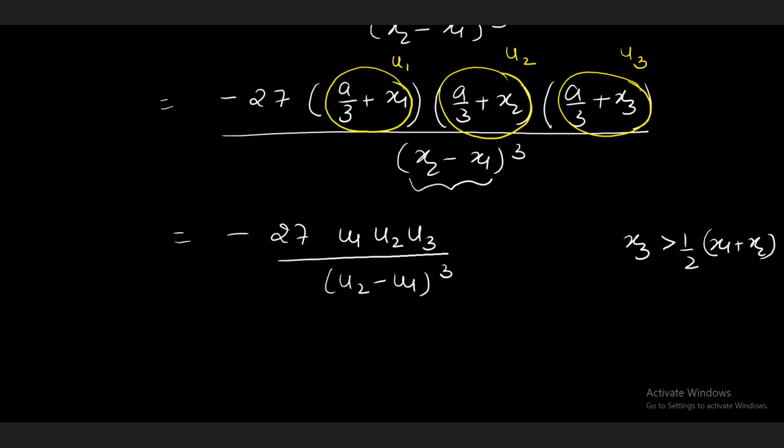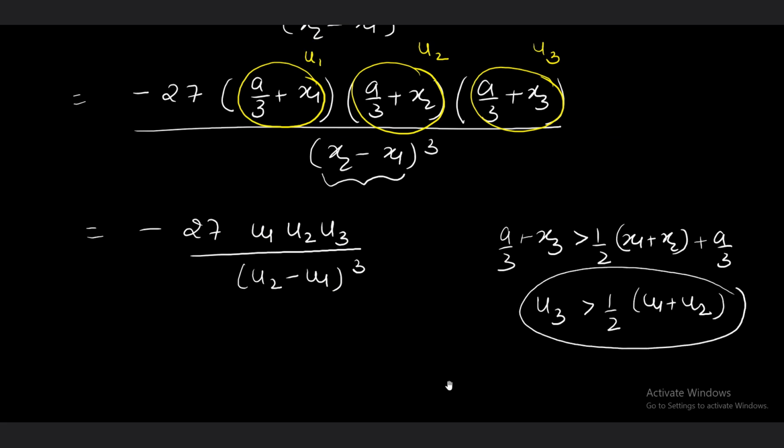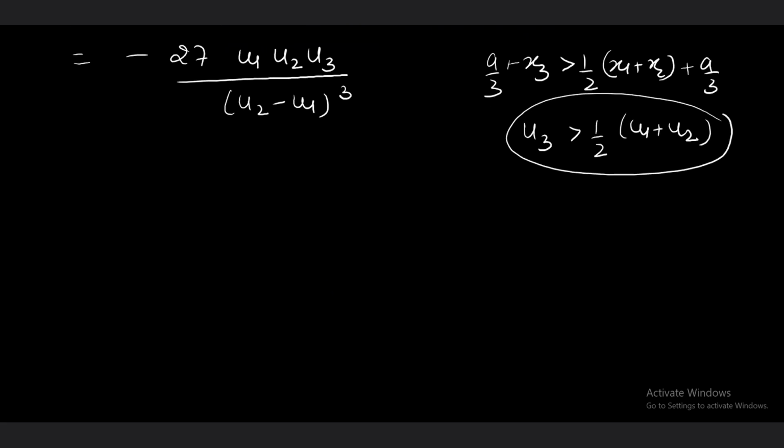This is what they have given us. So from here I can write that plus a by 3 both the sides. So you can say that left hand side is u3, right hand side is 1 by 2 u1 plus u2, right? So u3 will always be greater than half of u1 plus u2. This we have to keep in mind.